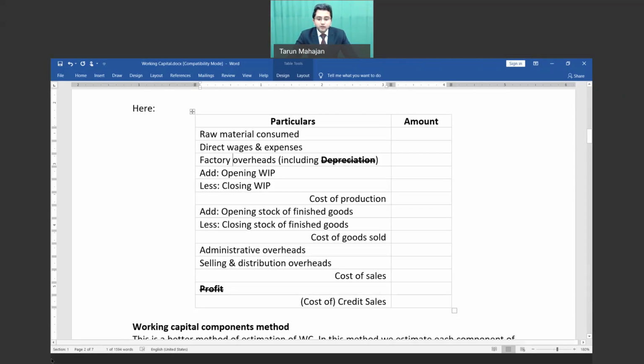So what I will do, rather than taking overheads, I'll cut from here and I'll take only cash factory overheads. Therefore, this will become cash cost of production. This will be cash cost of goods sold. This will be cash cost of sales.